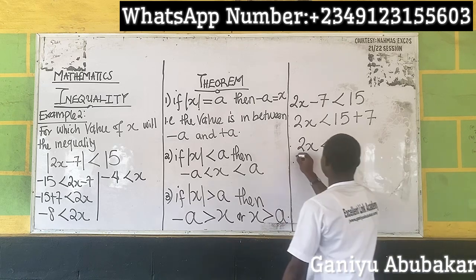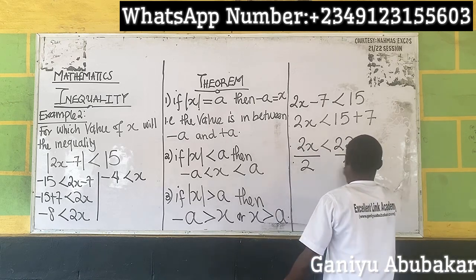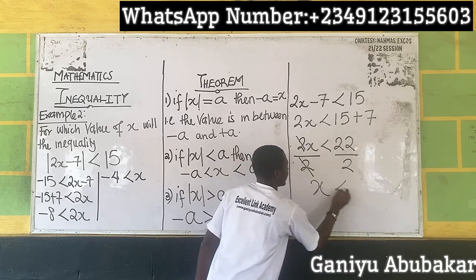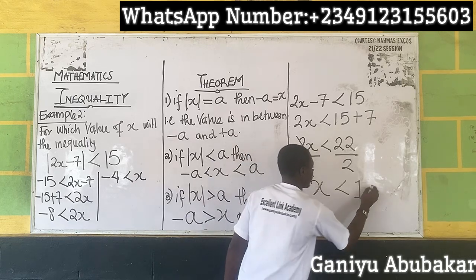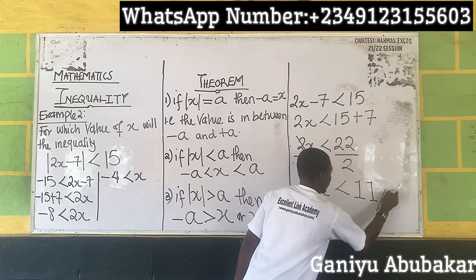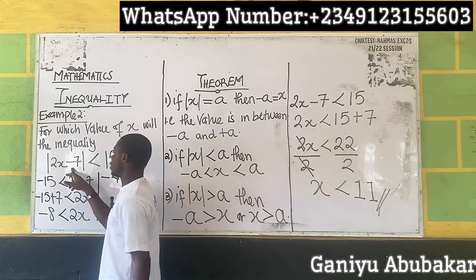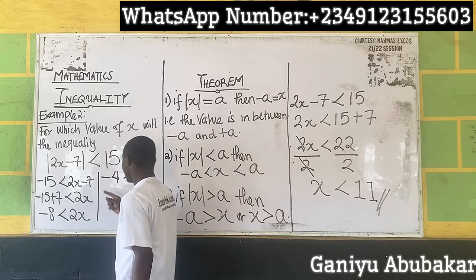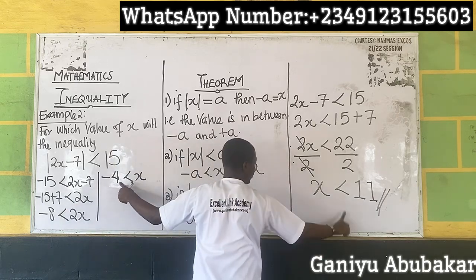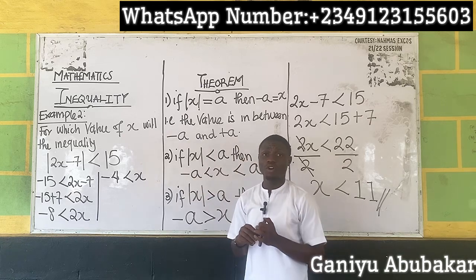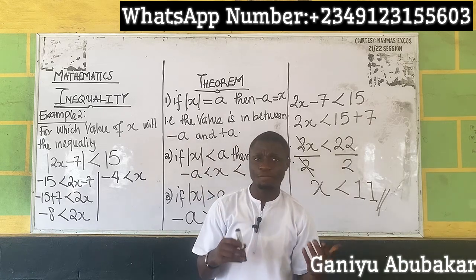Divided by 2, this cancels this. So x here is less than 11. All right. So the absolute value of 2x minus 7 less than 15 gives you minus 4 and then positive 11. This is a solved problem when it comes to absolute value.